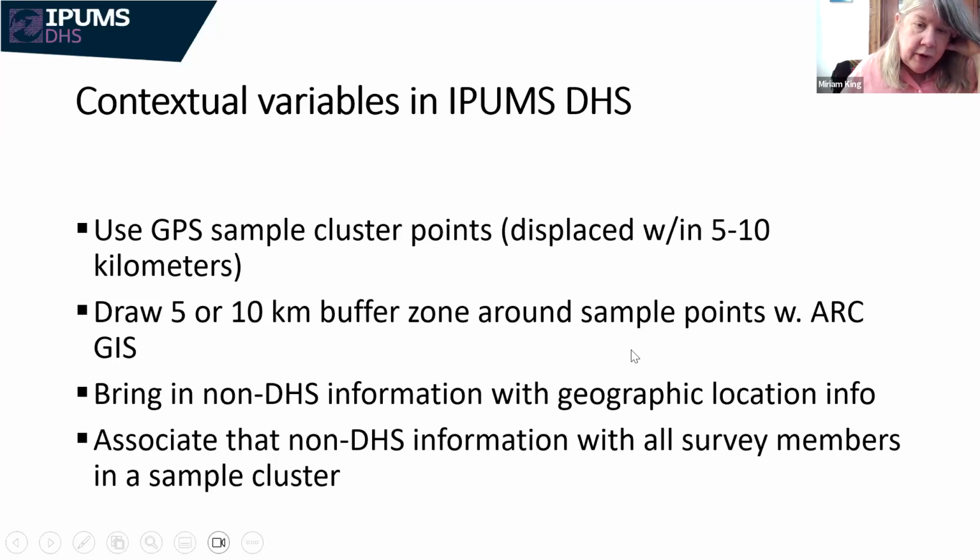So if, for example, you want to see whether drought or high temperatures were related to child malnutrition or fetal loss or low birth weight or other factors, we have provided some contextual variables that will help you do that, even if you're not all that trained in working with climate data or geographic GPS data.